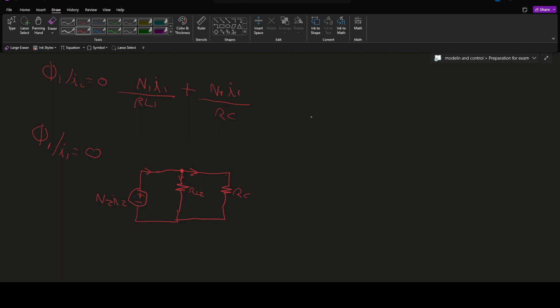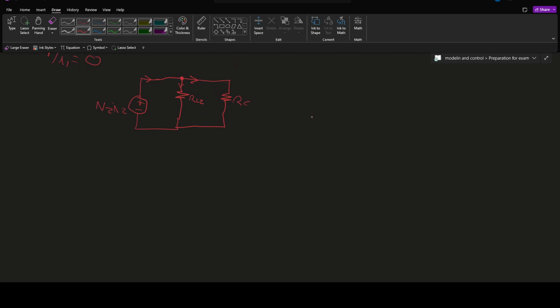We know that they are in parallel, so the flux is going through RC. So phi1 when I1 is equal to 0 is N2 times I2, our source, over this reluctance, because here is phi1, that is what we care about.